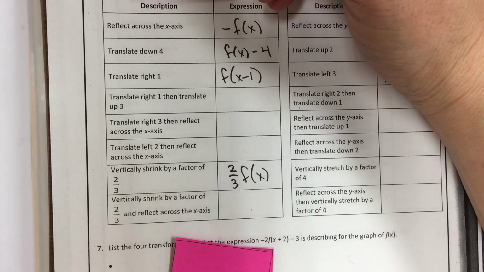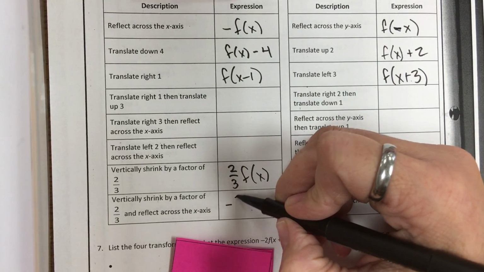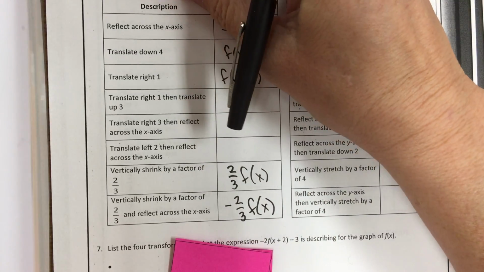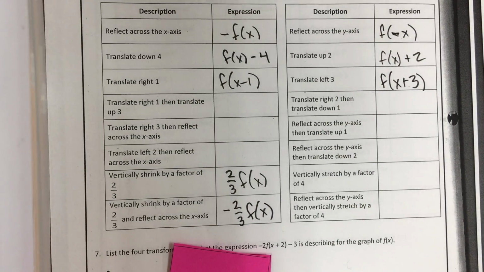So that's going to be down here. So negative 2/3 f of x. See, do I have any more? I don't think so. I think we have to now start with all the extra ones.